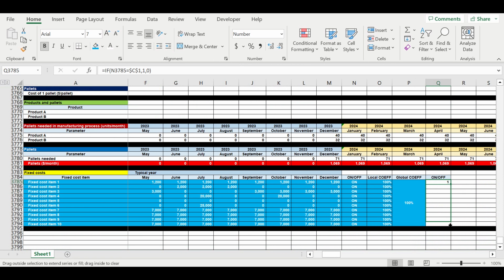So this means that if we are switching this off, we have 0 here, and this will switch this expense from calculations. So what we are going to do now, let's create a timeline.